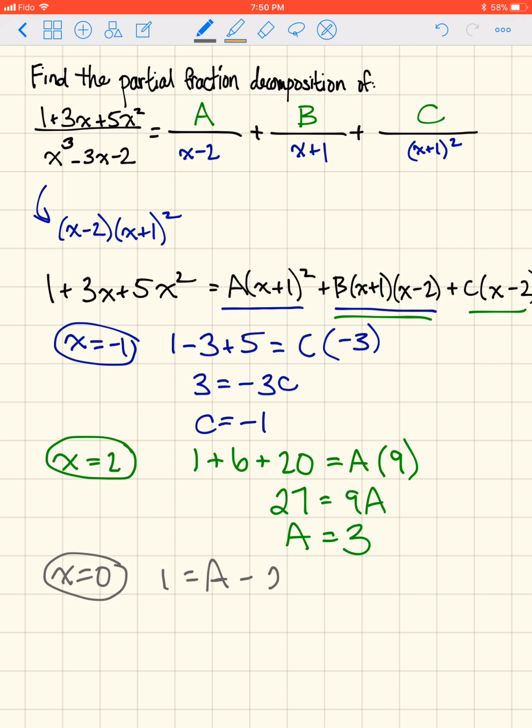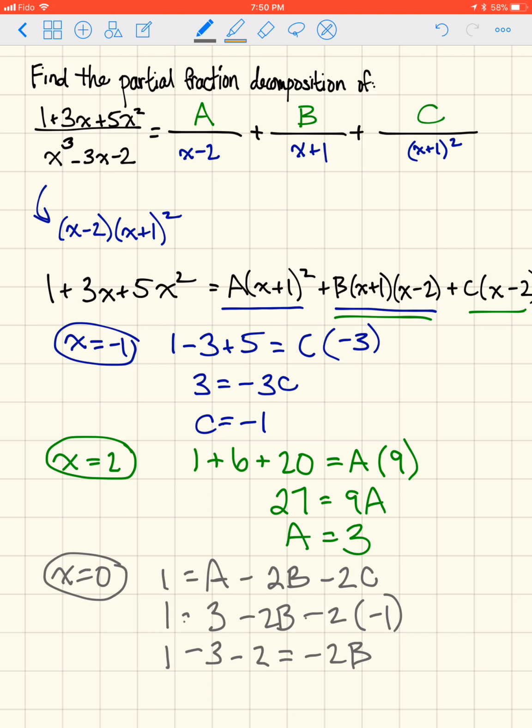We have a minus 2B. And for C, we have minus 2C. But we know A is 3. And we know C is minus 1. So we have that 1. Now let's start moving things now. And that tells us that B is 2.